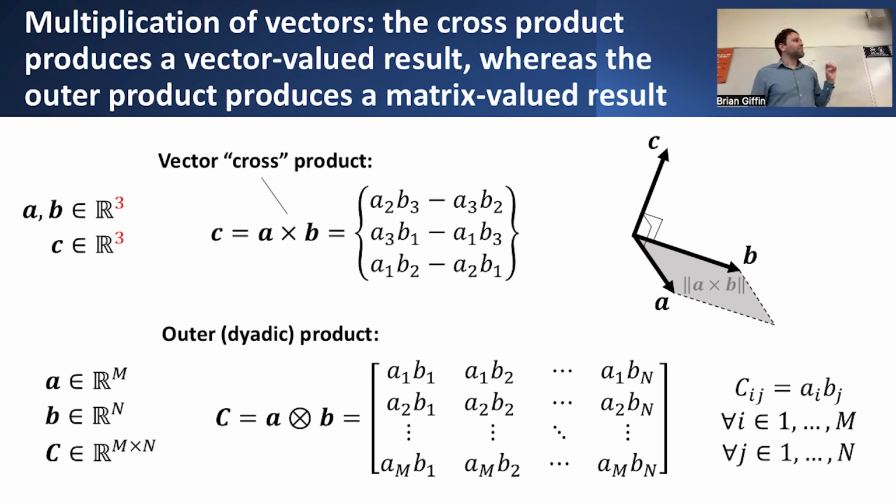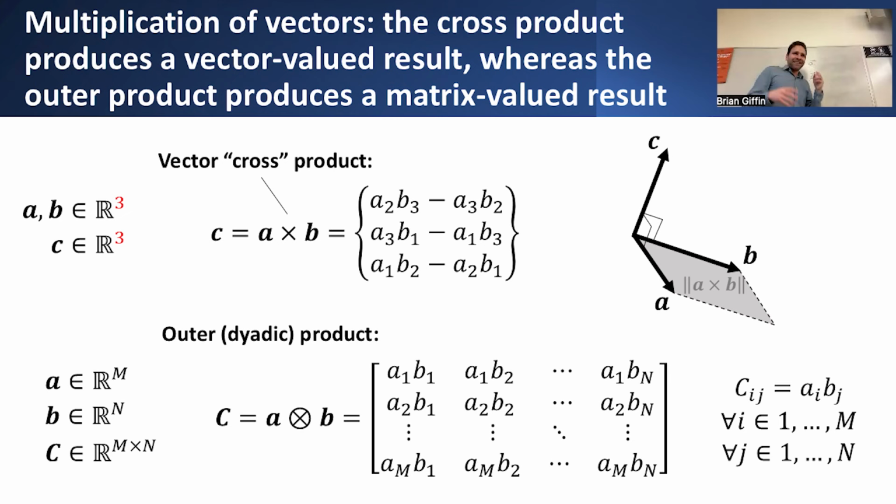But the intuition behind that actual operation and what it represents can be thought of in the following way. Suppose I have these two vectors A and B. They exist in some three-dimensional space, kind of like shown in the figure here. And if I take the cross product between those two vectors, using the right-hand rule, what that cross product will give me is a new vector that is perpendicular to both A and B and whose magnitude or length is proportional to the area spanned by this parallelogram that's formed between those two original vectors A and B. So it's kind of interesting.